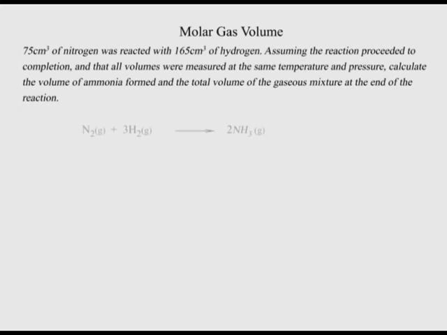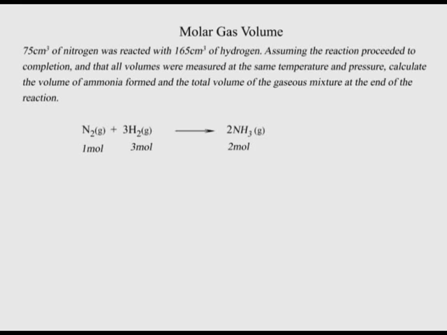First, we write the equation. Nitrogen plus hydrogen gives ammonia. The mole ratio of nitrogen to hydrogen to ammonia is 1 to 3 to 2. The volume ratio will also be 1 to 3 to 2. Between nitrogen and hydrogen, one is the limiting reagent. But which one?